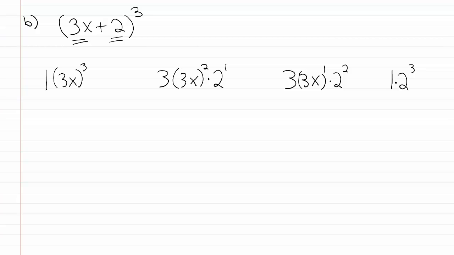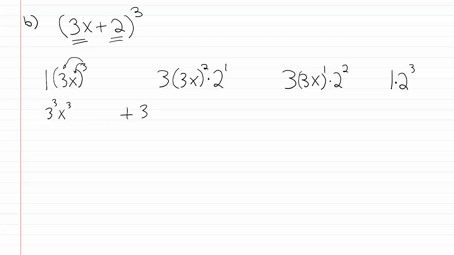Now all we have to do is to simplify these terms, right? So if I bring this 3 into each piece of this term, I'll end up with 3 cubed and x cubed. The 1 I'm not going to rewrite, it's not important. Then I'll put a plus sign here because all the terms' values are positive.